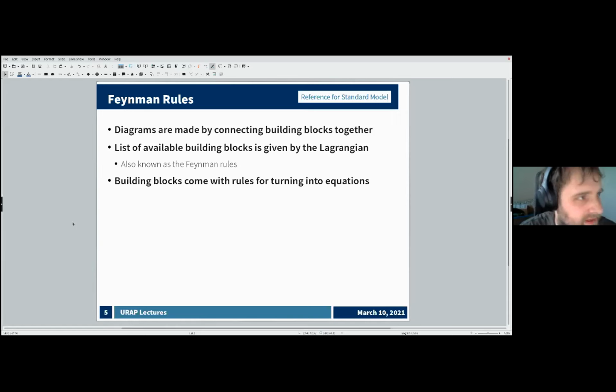I'll show you some examples of Feynman rules on the following slides that correspond to the standard model. They come from the theory Lagrangian equation that describes it, which I'm not going to show here. It's not only building blocks that are part of the rules, but also a convention for how you convert to the integral.